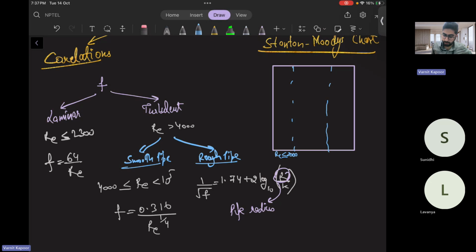And here it is Re greater than 4000. The friction factor values are on the y-axis, and this tells us the transition zone. Some values will come out here, and up till here it is smooth.